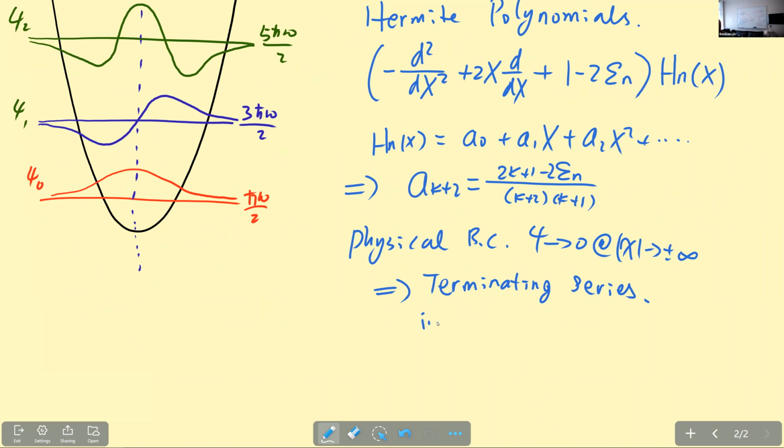Okay. So that means this 2 epsilon_m must equal a certain number. Right. So that's the energy discrete. Okay. So this will give us the energy quantization.